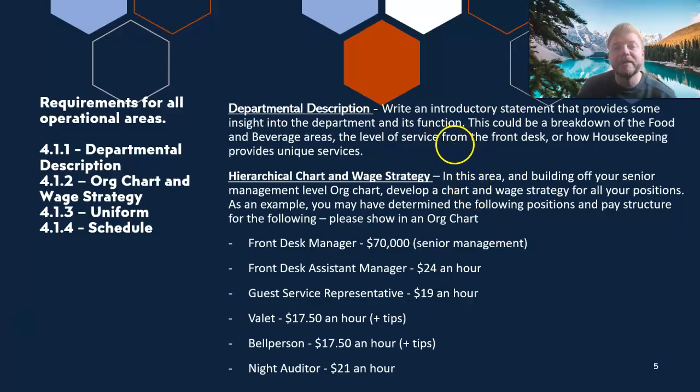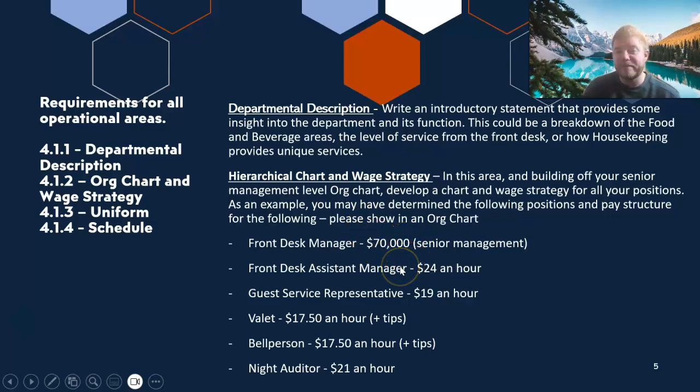Then we come up with our org chart and wage strategy. In this area, building off your senior management level org chart, develop a chart and wage strategy for all positions. Take a look at this one here. As an example, maybe your front desk manager is making $70,000. Senior management will be the only people who have a salary position.